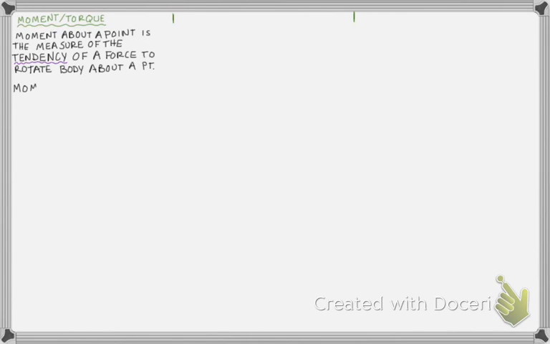So it's the tendency, and what we mean here by tendency is that the object doesn't actually have to rotate, it just has to want to. If it didn't have any supports or anything holding it back, it would rotate.